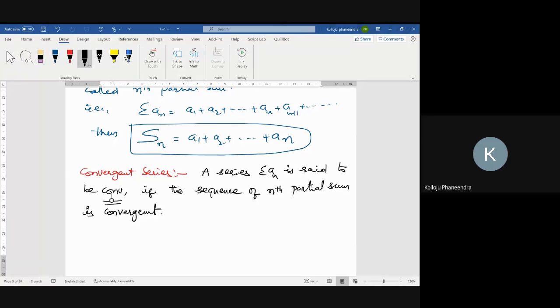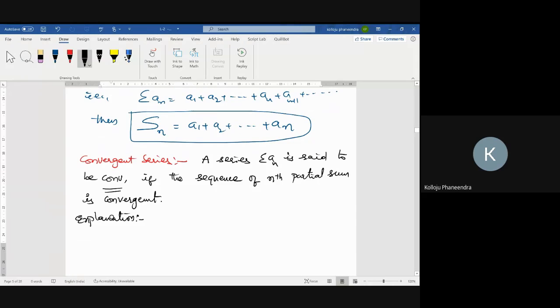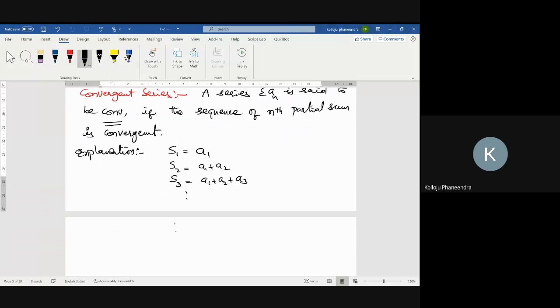Let me explain this. What is S1? S1 means the sum of the first term, that is a1. What is S2? The sum of the first two terms. What is S3? The sum of the first three terms. And so on. What is Sn? The sum of the first n terms.